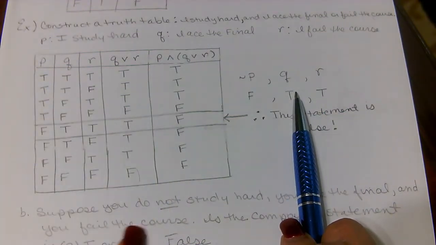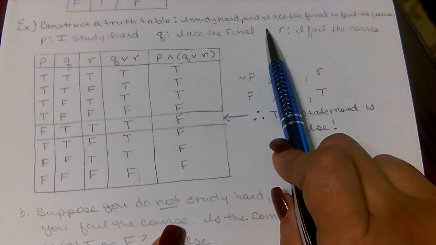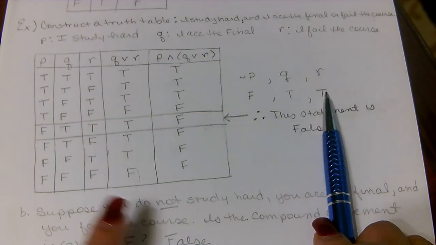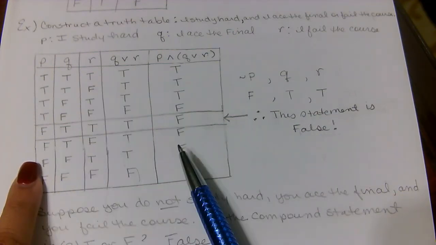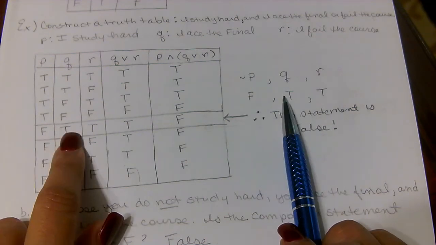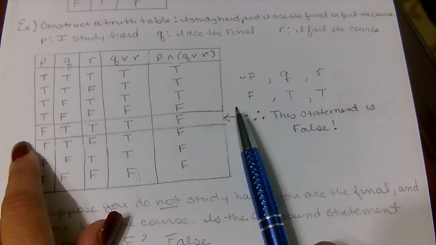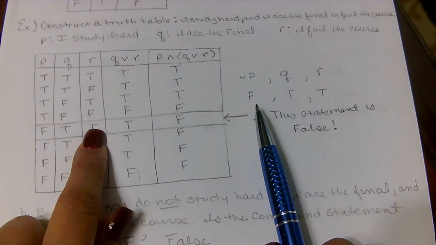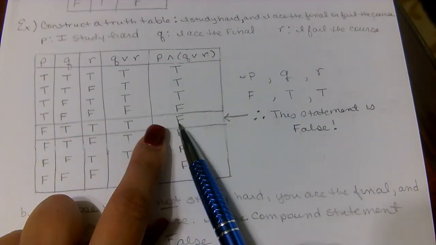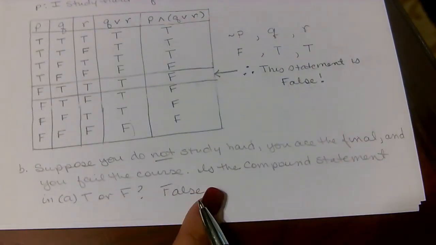And then it says I fail the course. Well, R was assigned I fail the course, so that's going to be my true statement. So when you have a truth table like this, you can look for your false, true, true, which is this row right here. Okay? This says it would be a false statement. So I have false here.